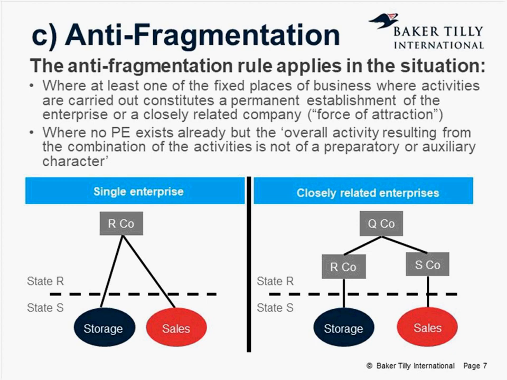And company R, which is producing and selling the goods, has a storage facility in country S, or in a state or wherever in the foreign country where the group company is actually selling the goods. So if you just look at each company itself, then the storage of goods does not lead to the creation of a permanent establishment.